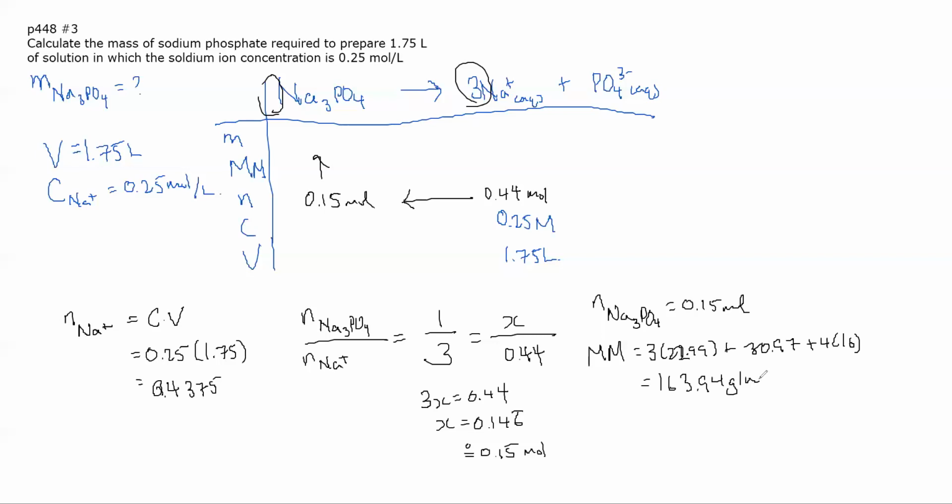That comes to .94 grams per mole. That means the mass is going to be 24.591, which is approximately, because of sig figs, 25 grams. Therefore, I need 25 grams of sodium phosphate to create the solution that I need. And that's it.